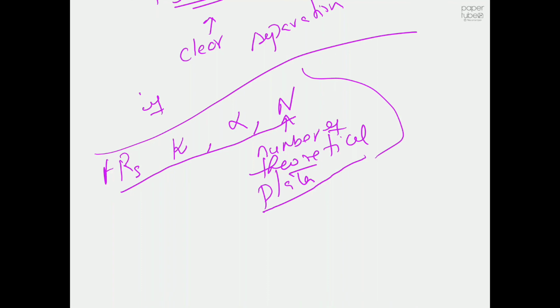We already covered all those things and learned a lot of factors or terminologies involved in chromatography. The one thing that we still need to learn is the number of theoretical plates.